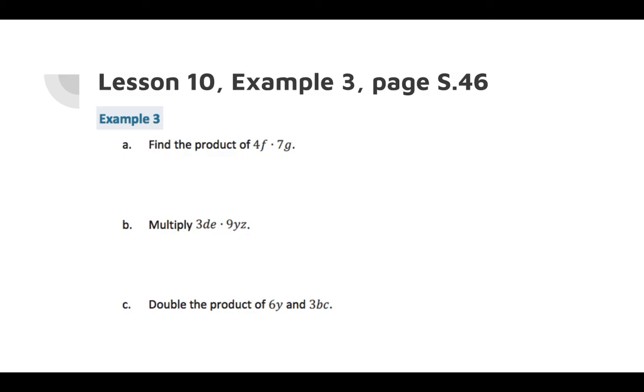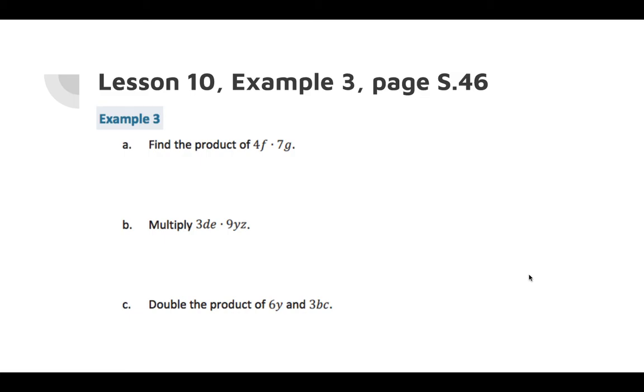So now you don't even have to write down all the details as to which ones are terms or coefficients or factors or variables. Find the product. Okay, multiply it. What would this look like?